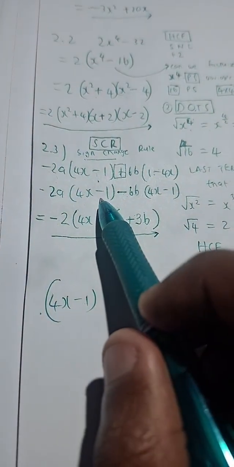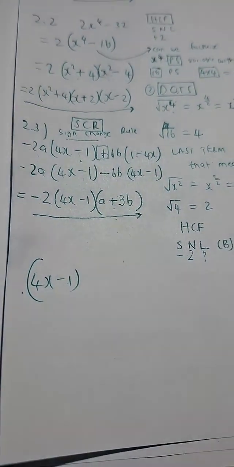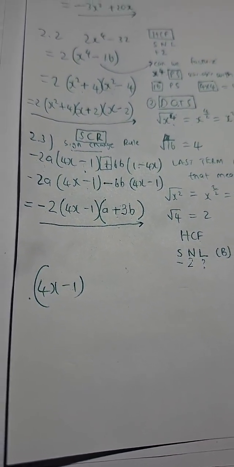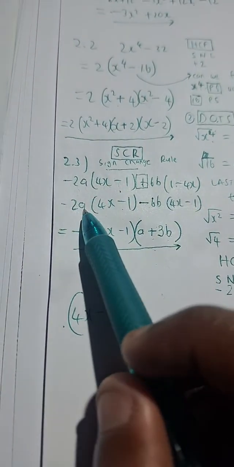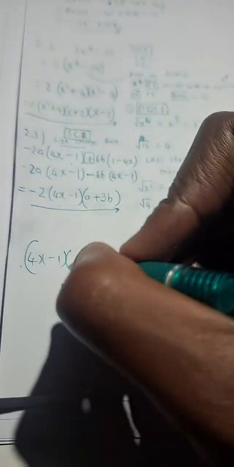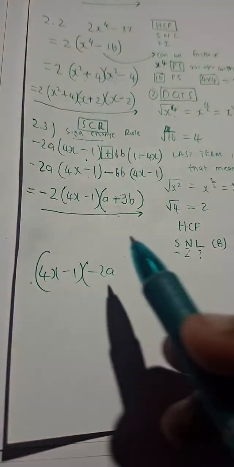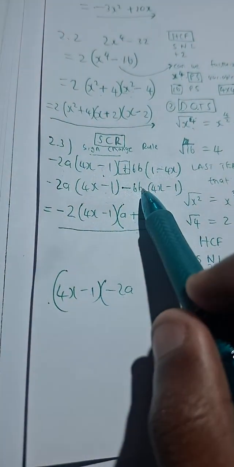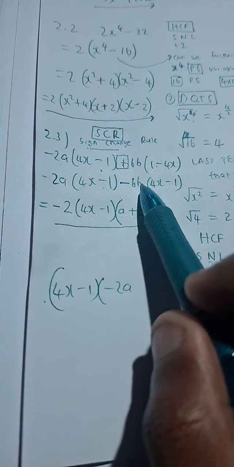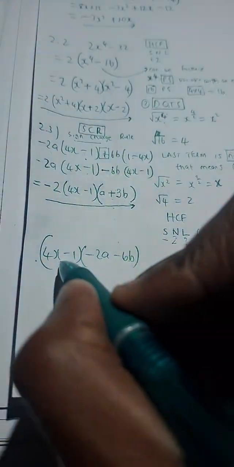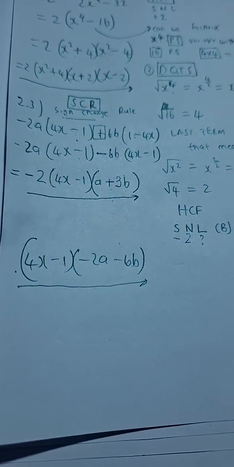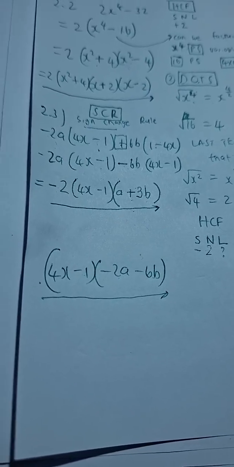You take out the common bracket because you're so excited. And then you write what is left over on the left. I know my good students will write negative 2a, and then on the right they'll write negative 6b. And you know what, guys? They end right there because they're like, common bracket has been taken out, happy days.